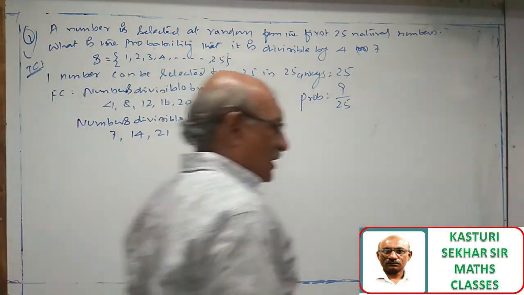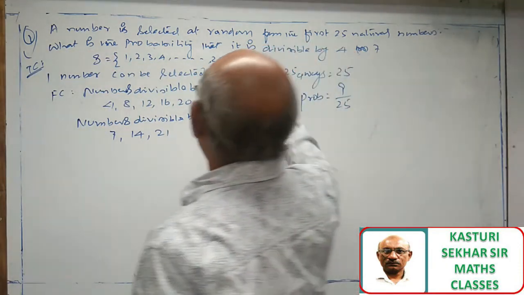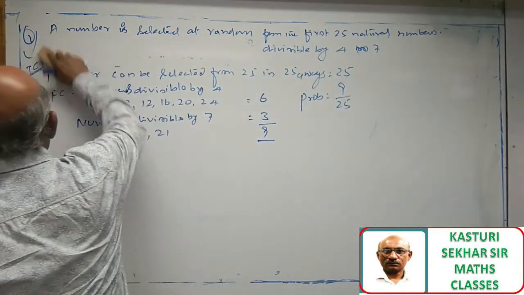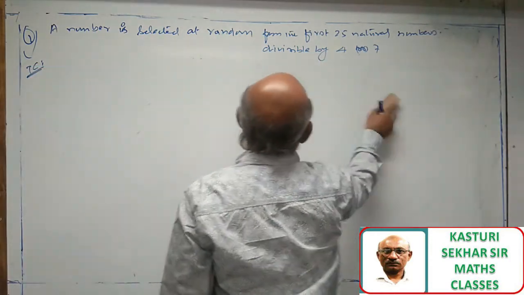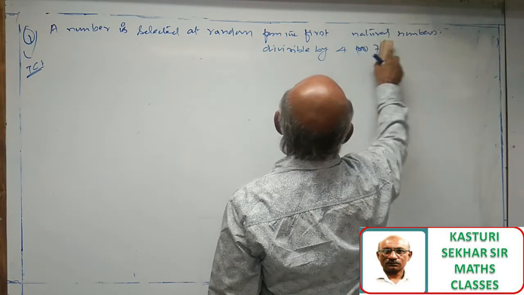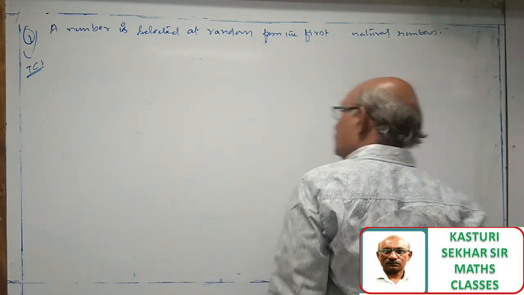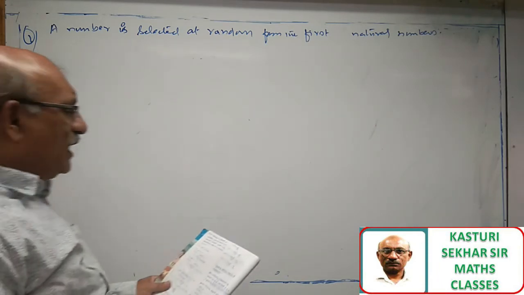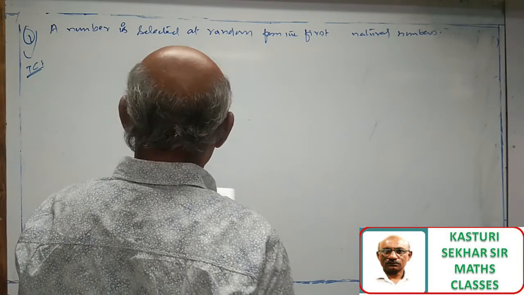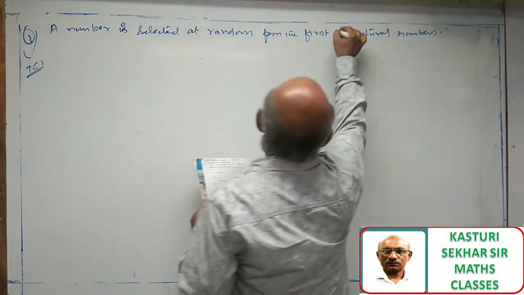Okay, sir, next question. A number is selected at random from the first 1000 natural numbers.